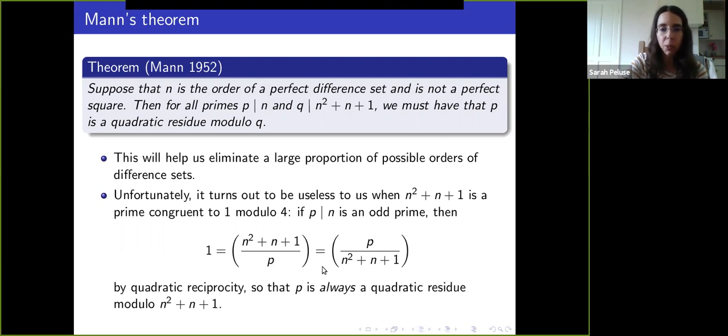But then by quadratic reciprocity, p is also a quadratic residue modulo n squared plus n plus 1, since n squared plus n plus 1 is 1 mod 4. So then every prime dividing n is a quadratic residue mod n squared plus n plus 1, and the conclusion of Mann's theorem trivially holds. Okay, so we're going to need something else.